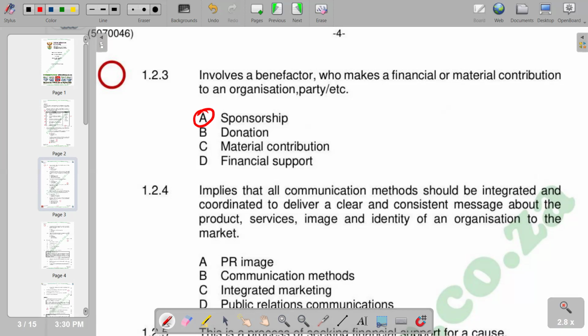Sponsorship comes as a marketing tactic that builds brand awareness and reputation by connecting with the target audience. So within that context, sponsorship is the correct answer.